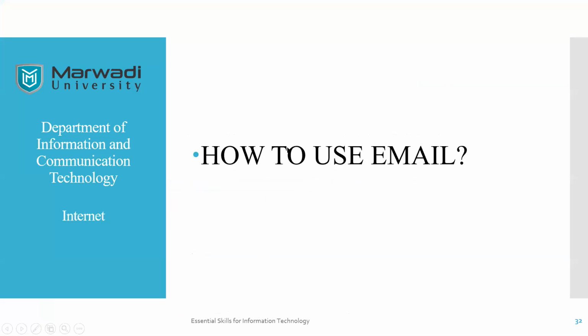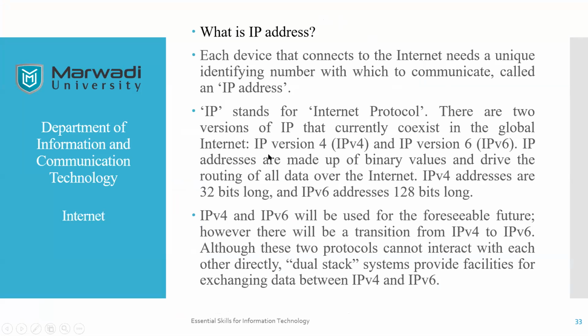So I hope you are clear about how to use email. Yes, sir. Okay, so let's move to our next point, which is the IP address. As I'm saying, each device that connects to the internet needs a unique identifying number with which to communicate, called an IP address.